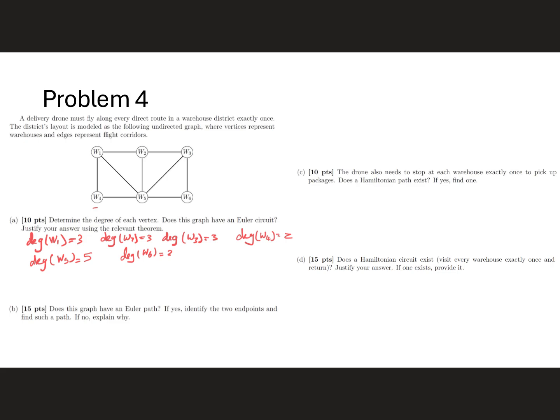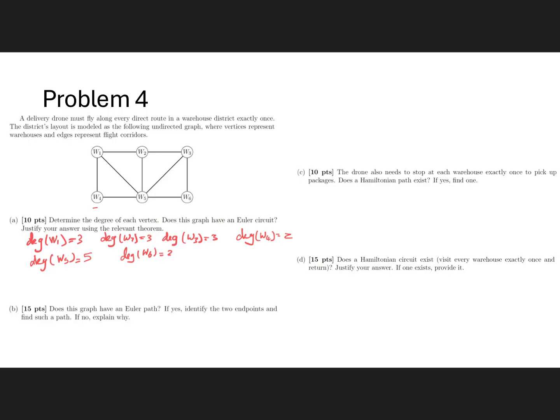We can see that the graph that we have here is connected. You can start at any vertex and go across some edges to reach any other vertex, right? It's not fully connected, but it is connected. That's part of the theorem. And then the second condition of the theorem is that all the vertices do not have odd degree. Now we can see that several vertices here have odd degree.